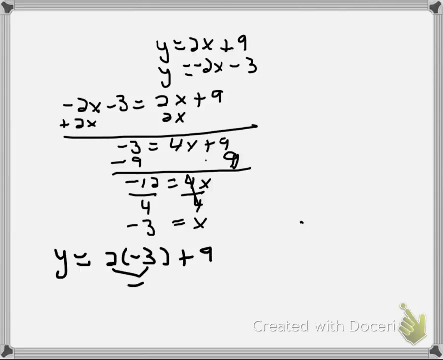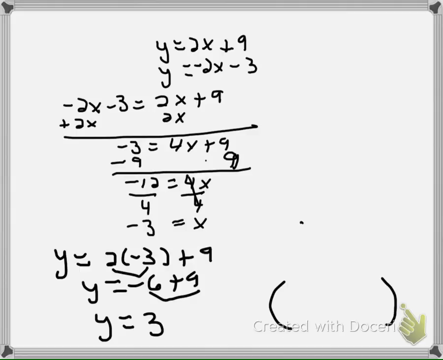This, of course, is negative 6 plus 9, and this is going to give me positive 3. I'm running out of room. And so now y is equal to positive 3, which means my ordered pair is negative 3, comma, positive 3.